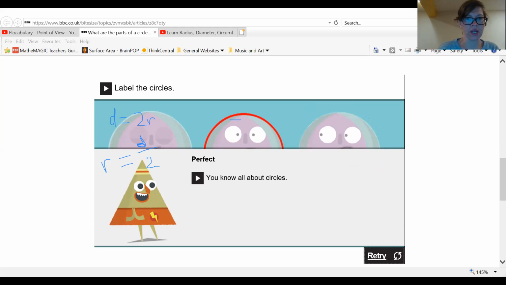Okay, so this right here is 11 centimeters. So if we remember, that must be the radius because it doesn't connect 2 points on the circle. It only goes halfway. So I'm going to put 11 for radius.